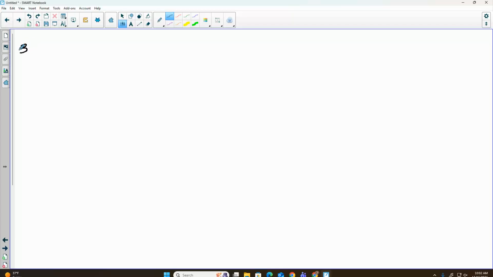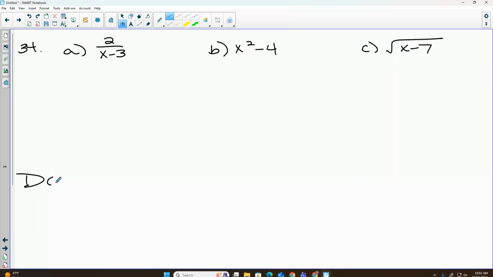Problem 34. I'm asking for domain. When I'm talking about domain, there's a few things to remember. In a fraction, the denominator can't be 0.